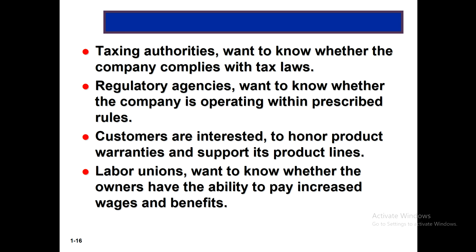The taxing authority wants to know whether the company complies with tax laws, and the regulatory agency wants to know whether the company is operating within prescribed rules. Customers are interested in whether the company will honor product warranties and support its product lines. And labor unions want to know whether the owners have the ability to pay increased wages and benefits.